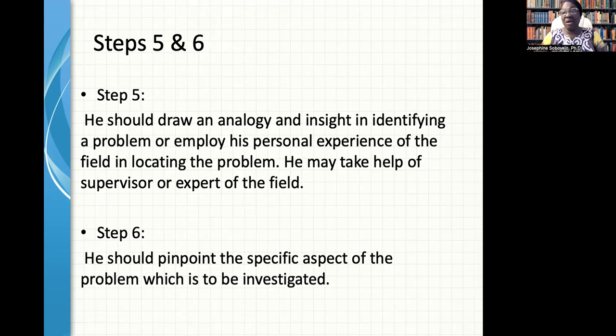I said it earlier in one of my talks that there are problems all over. In that your research area, there are so many problems. Which particular problem do you want to solve? You must pinpoint that specific or the particular aspect of that problem that you want to investigate into and do your research on.